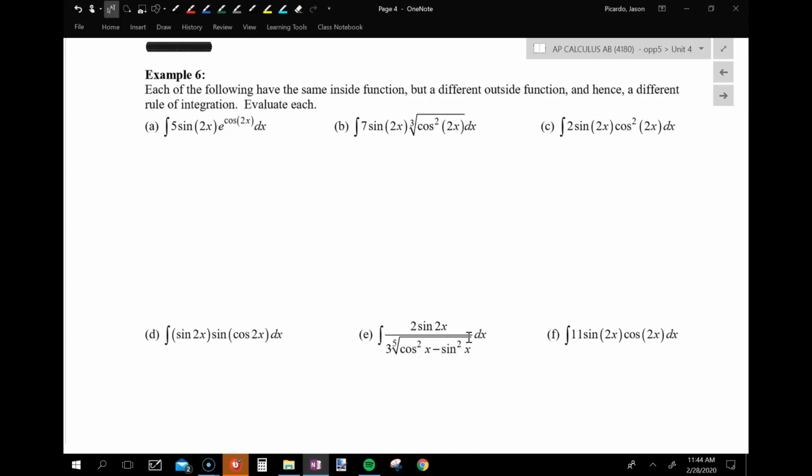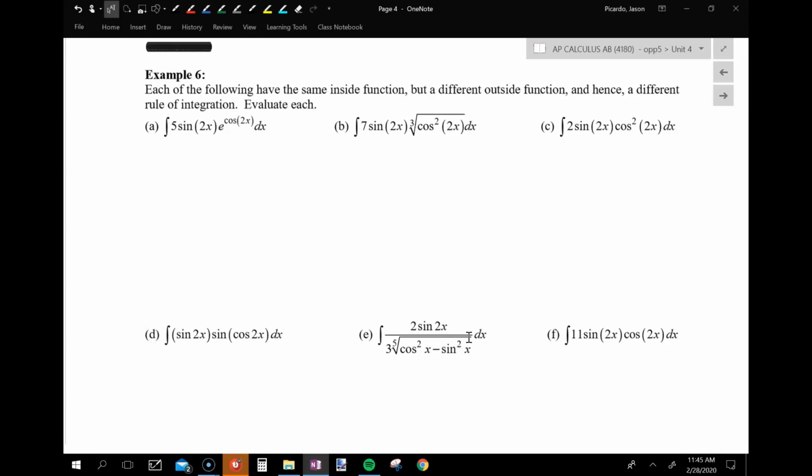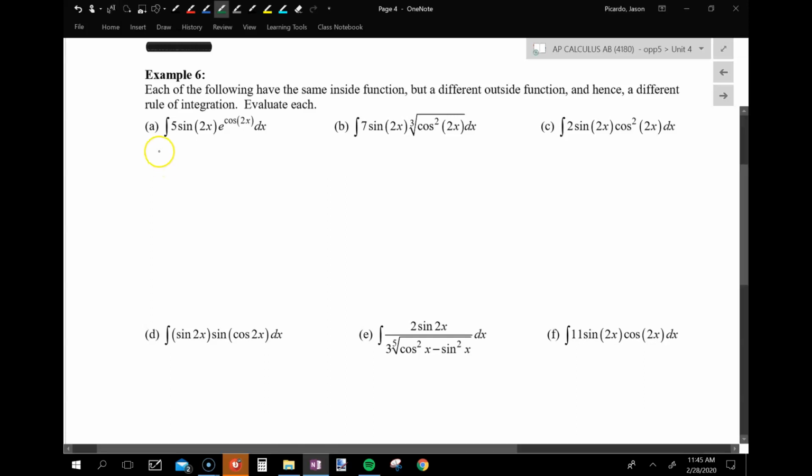Take a minute, look through them, see if you can figure out what the value of u is going to be for each of these. All going to be the same. Close. Cosine of 2x, yeah. The u value for all of these is going to be cosine of 2x.